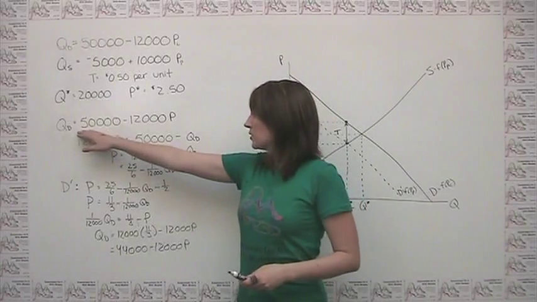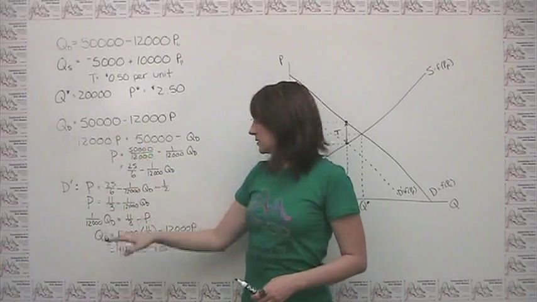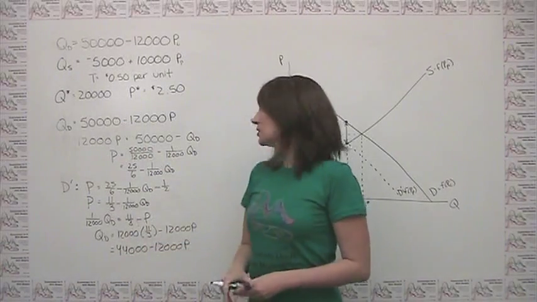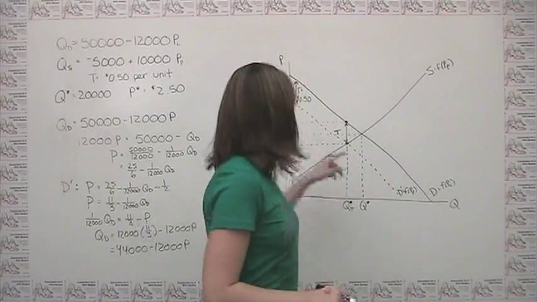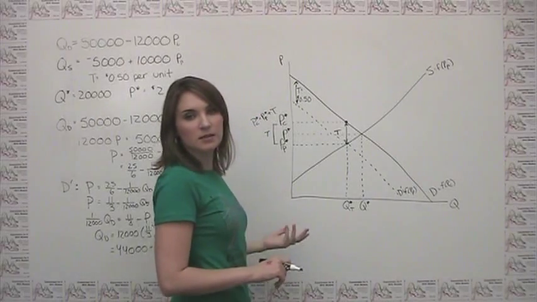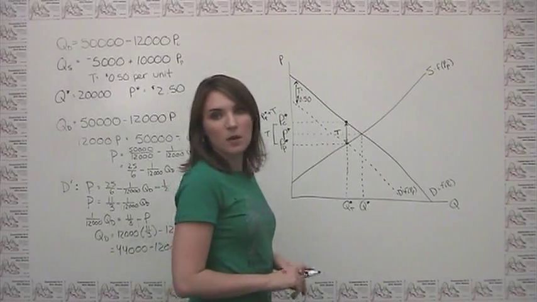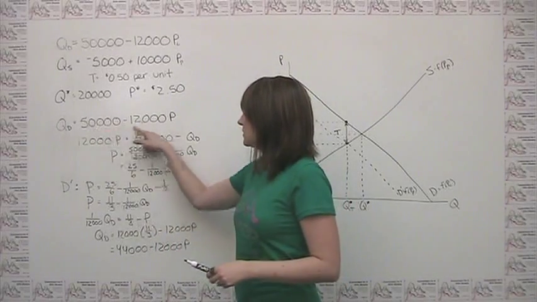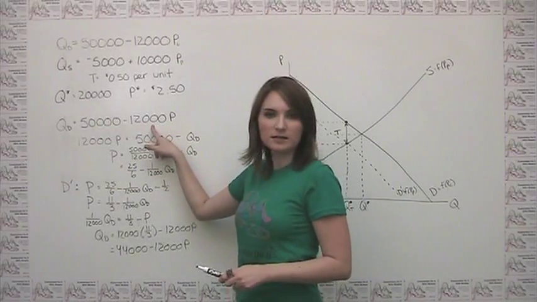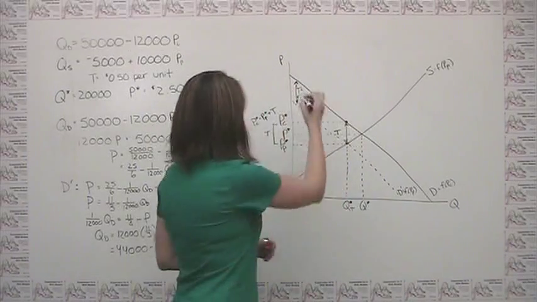The other thing that we notice is here our constant was 50,000 and here our constant was 44,000. If we were to graph these points, we would see that the intercept, which is what happens when quantity is equal to 0, does in fact go down. In this case our intercept would be 50,000 divided by 12,000, which is 50 over 12, or 25 over 6.